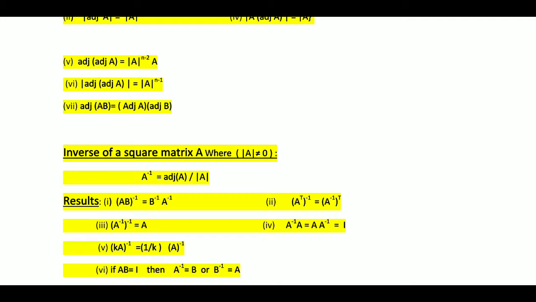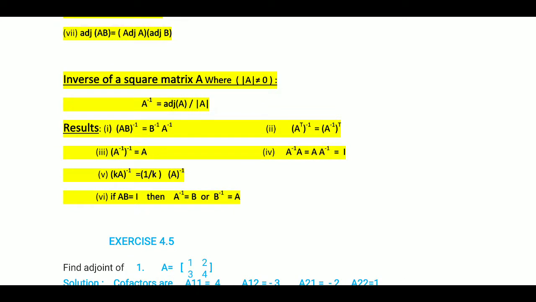Now the formula to find A inverse is adjoint A divided by determinant A. Determinant A will be the value of the determinant and adjoint A is obtained by the above method. Then each element within the adjoint matrix of A will be divided by the determinant value of the given matrix.